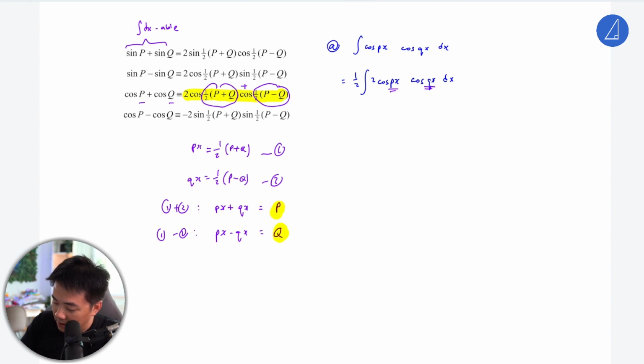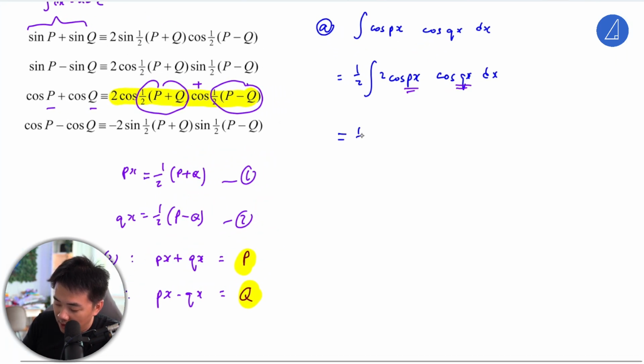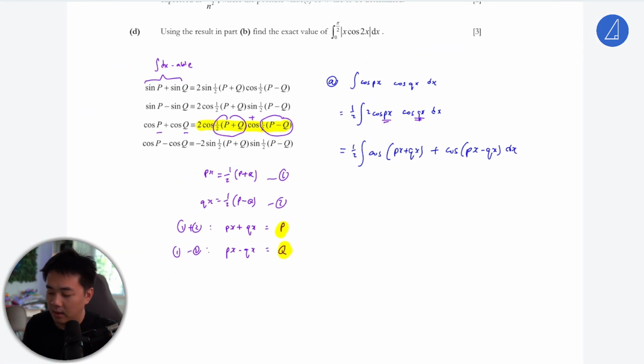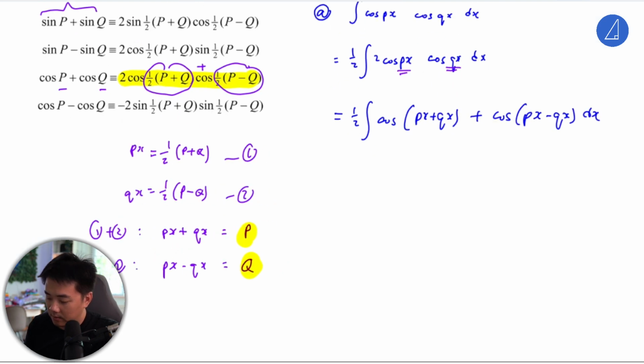In this case, this will be half cosine P, which is px plus qx, plus cosine Q, which is px minus qx, dx. Okay, that's it.